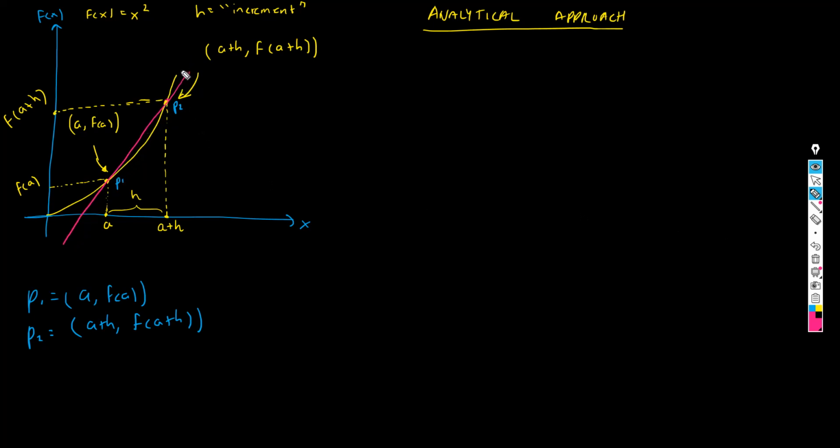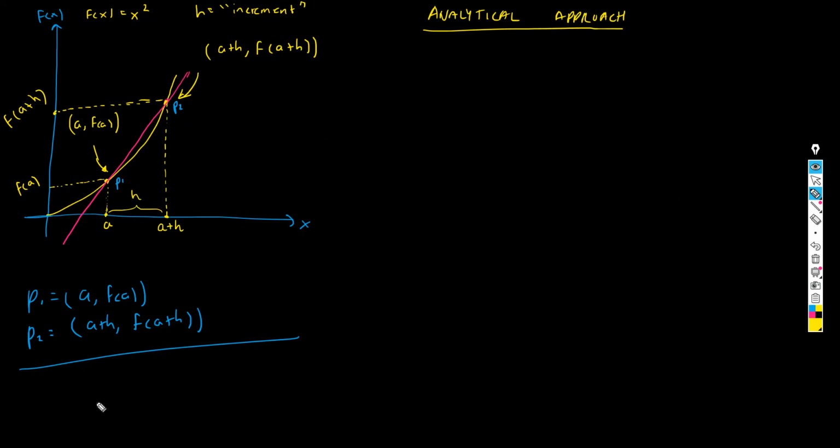This is the second line that goes through P1 and P2. Now, let's calculate, guys, the slope of such second line, this red line.